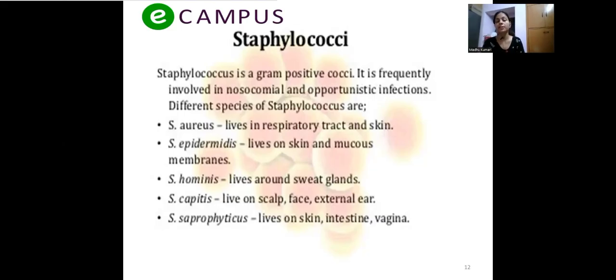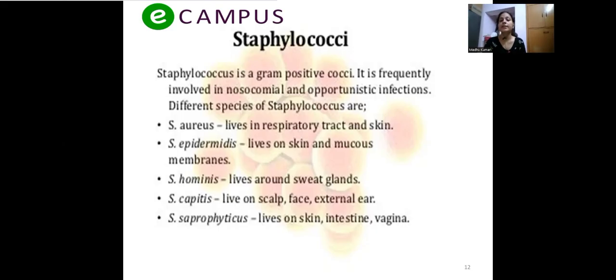Different species of Staphylococcus are Staphylococcus aureus that lives in the respiratory tract and skin, Staphylococcus epidermidis that lives on skin and mucous membrane, Staphylococcus hominis that lives around sweat glands, Staphylococcus capitis that lives on scalp, face, and external ear, and Staphylococcus saprophyticus that lives on skin, intestine and vagina.